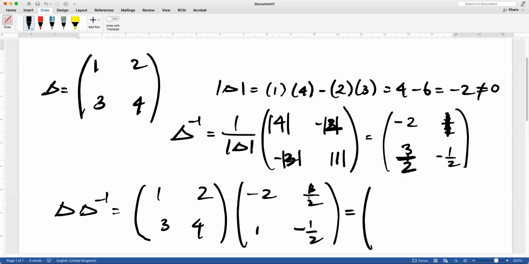So this becomes, yes, I'm sorry, -2, 1, 3 by 2 and -1 by 2. That into -2. No. Okay, one second. This is okay because when we transpose, the leading diagonal won't get moved.